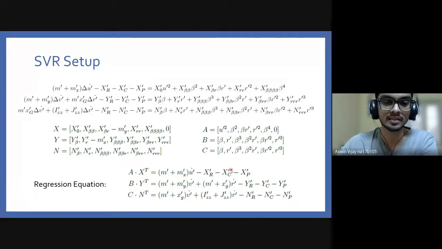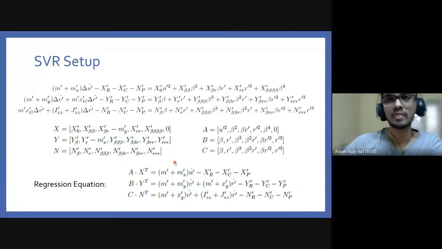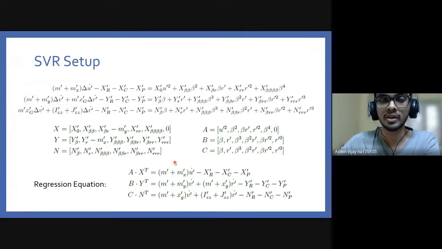You will notice that this regression equation is of the form Ax equal to some constant, where here A is these factors to be multiplied with the hydrodynamic coefficients. So A x transpose will give me this right hand side, and from the maneuvering tests, the turning test and the zigzag test, I can construct A, B, C matrices and the corresponding right hand side matrices.